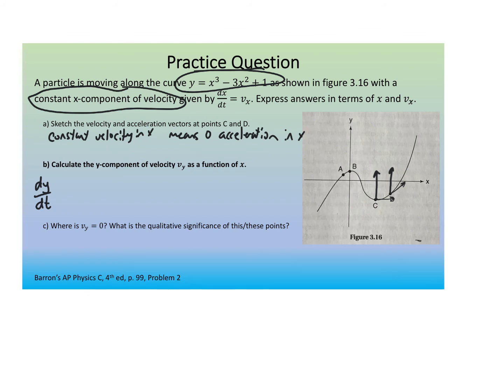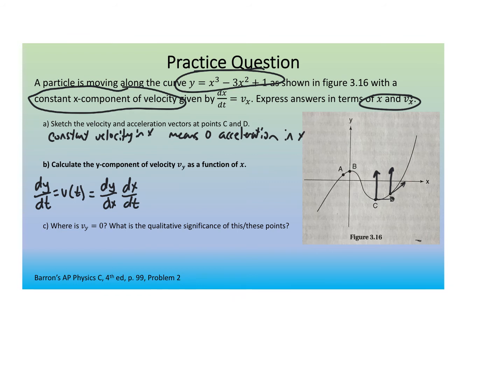But we're going to want everything in terms of x and v sub x, so we don't want t's in our answer. If we want to find dy dt as our velocity, what we really need to do is use our chain rule. So we find dy dx and then dx with respect to t.